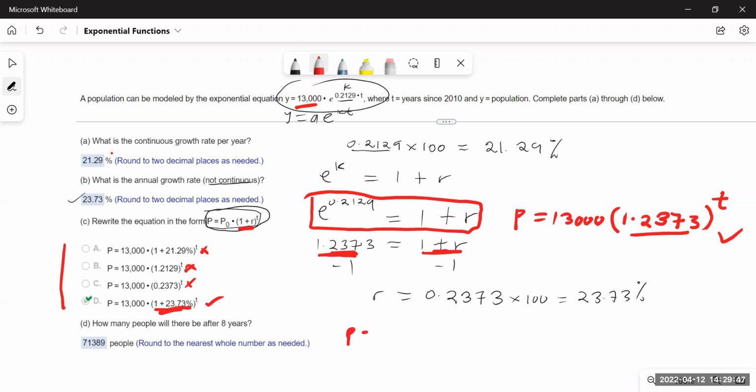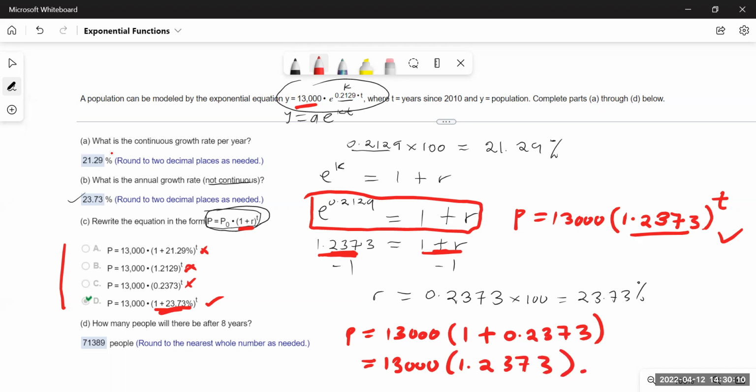So we have P, 13,000, and this is 1 plus, let's change that percent to a decimal, and that will be 0.2373. So P is equal to 13,000 times 1.2373 to the t. Isn't it the same as this guy? So that's what we're saying, that our answer is D. Is that okay?